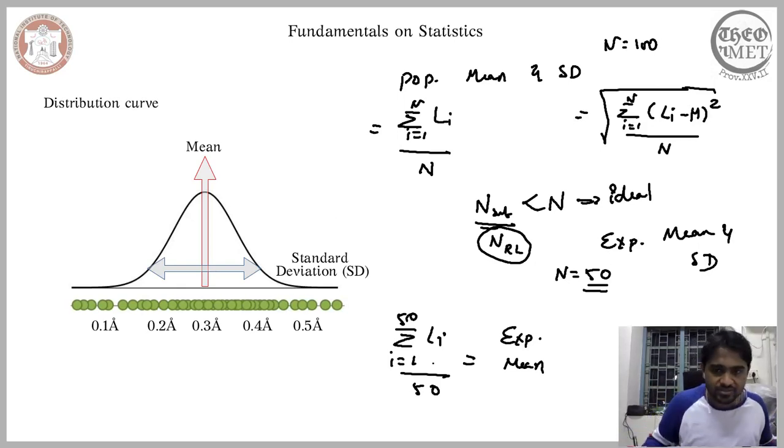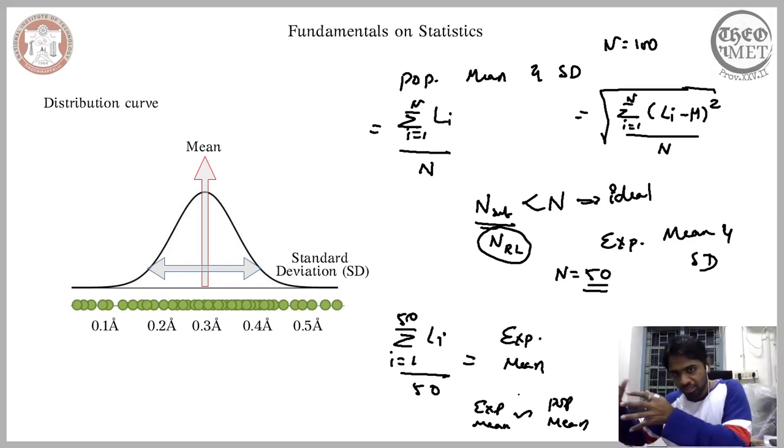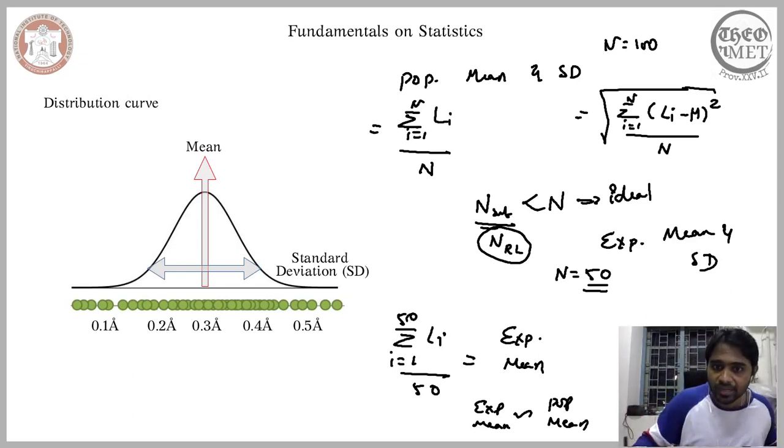And in most cases it is possible that the expected mean is close to that of the population mean. Particularly when the population size keeps on increasing, the expected mean will get closer and closer to the population mean. And the same goes for the expected standard deviation.